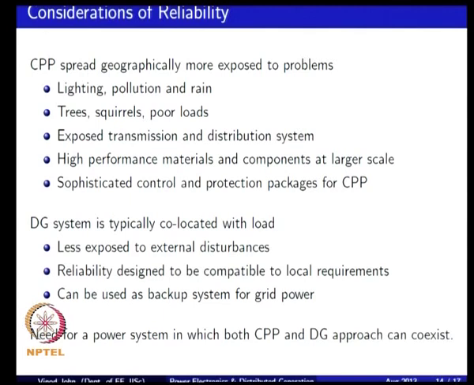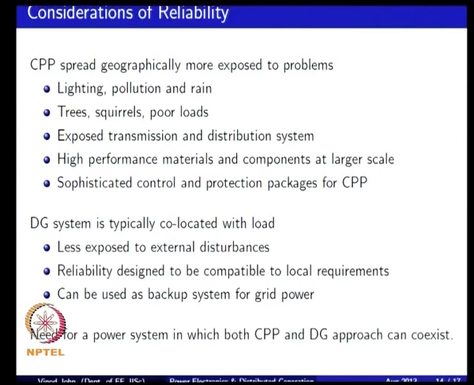And so, you can tune your reliability to match your load requirement rather than make it all very high or all very low. You can try to match the reliability requirement of the source with the load, and often people also use DG as a backup system when you do not have power from the grid.